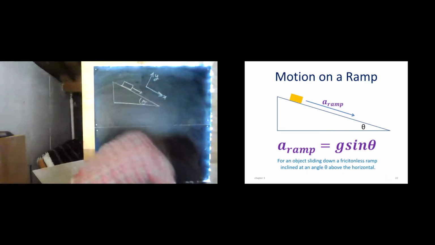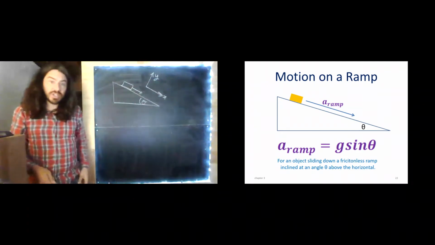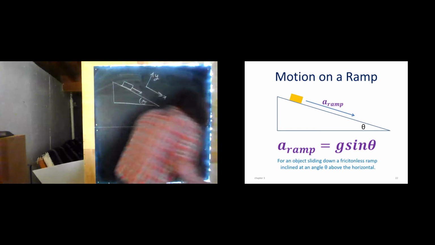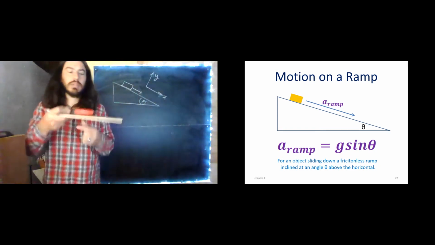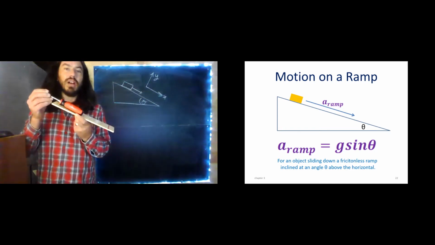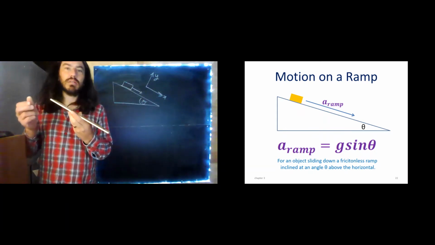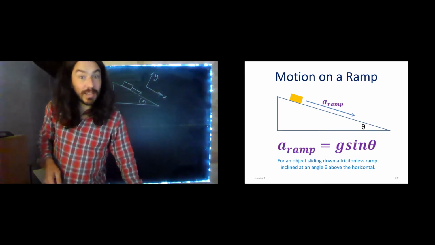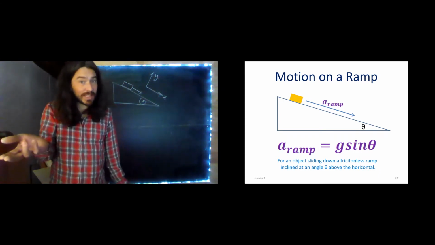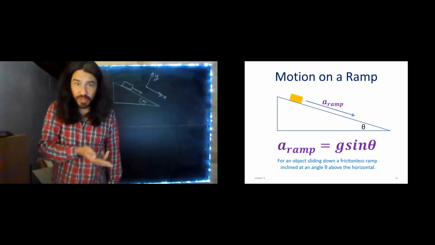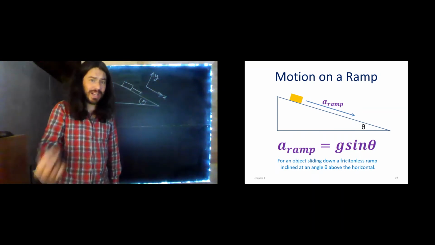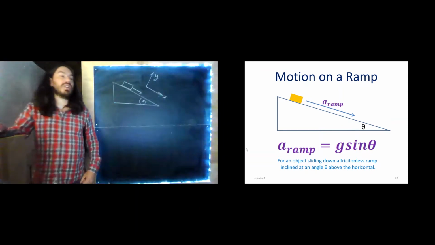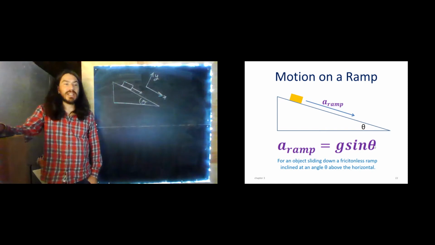Well, if I put this screwdriver instead on a frictionless ramp, let's pretend it is, then it will accelerate down the ramp with an acceleration that is less than g, which kind of makes sense, right? It would be less than if I just dropped the screwdriver. Its acceleration is less on the ramp than it is if I just drop it. It turns out that the acceleration of an object on a ramp is g sine theta.